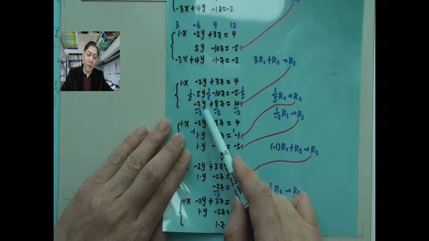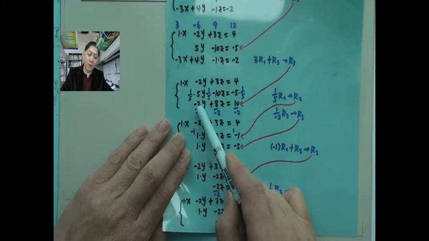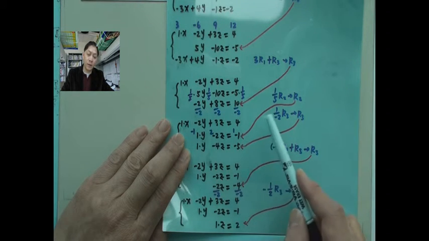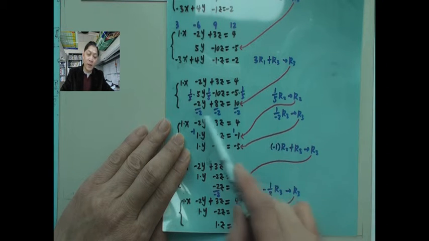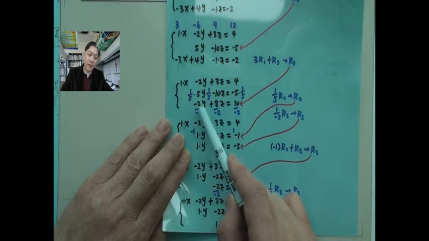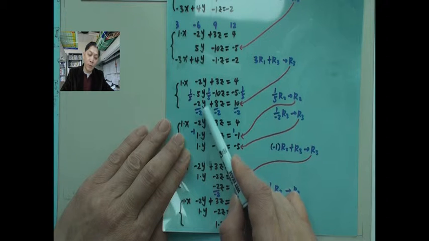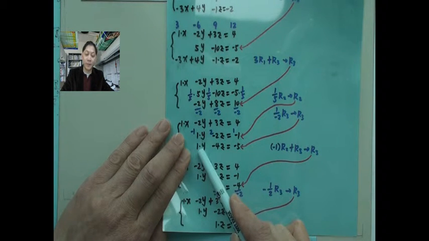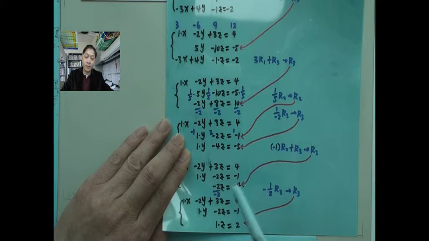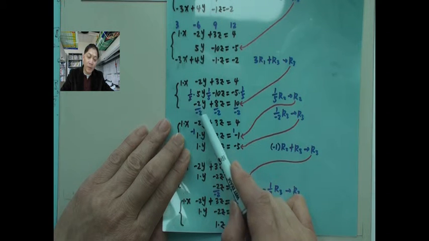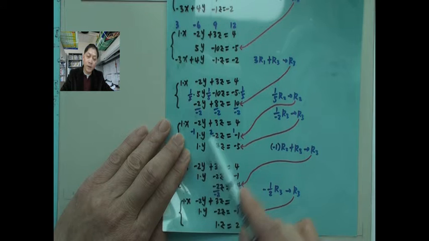Similarly, we want to make the coefficient of y be 1 in this row, so divided by negative 2, because negative 2 divided by negative 2 will make the coefficient of y be 1. So negative 2 divided by negative 2 is 1.